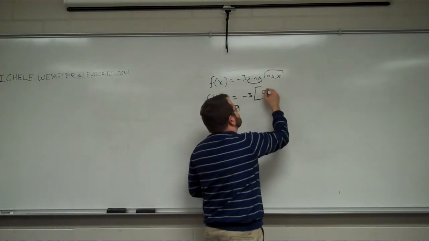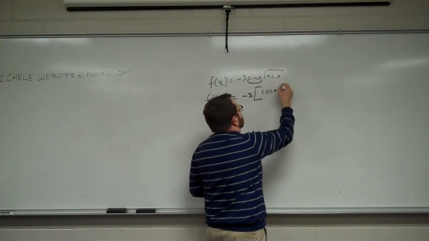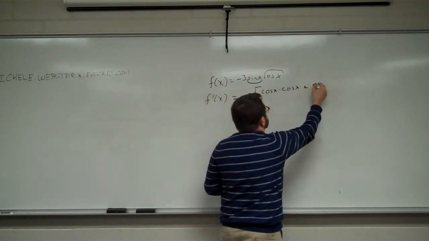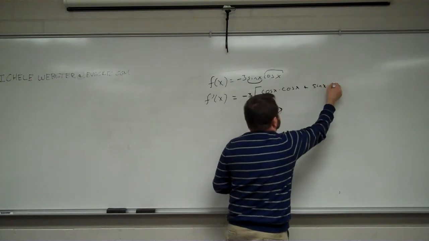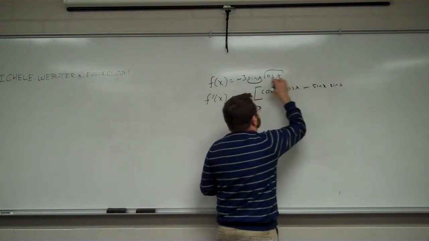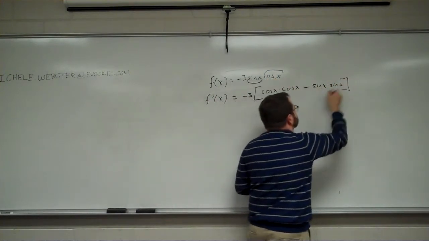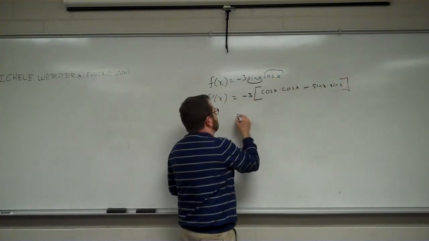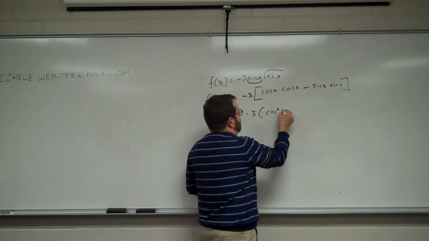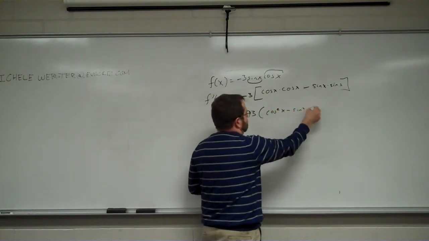Derivative of sine, that's cosine, times the second, which is cosine, plus the first times the derivative of the second. That's a minus sign now, because the derivative of cosine is minus the sine. So unexpectedly it's actually cosine squared x minus sine squared x.